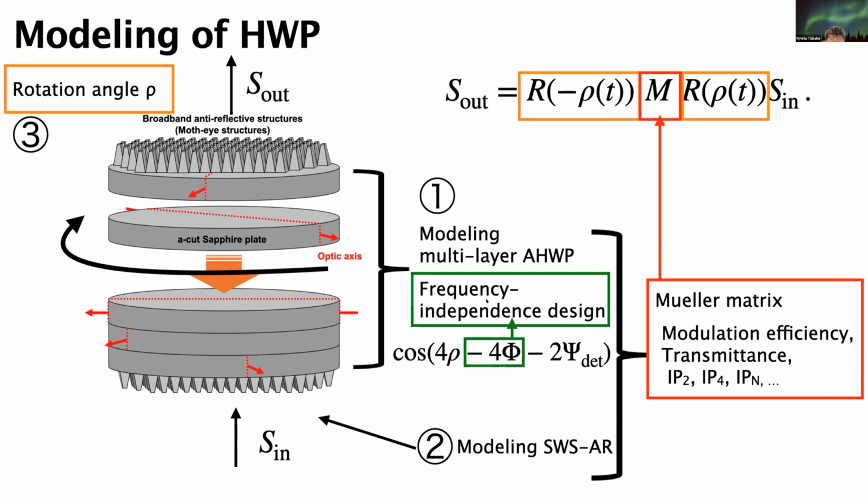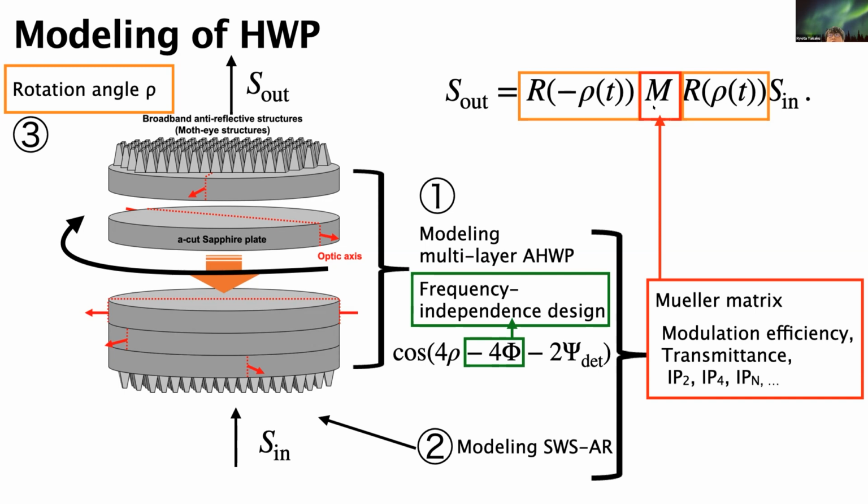And for the modeling of the anti-reflection coating, we also propose subwavelength structures, SWS, equipped on both surfaces of the half-wave plates. Coupling number 1 and 2, we can calculate the Mueller matrix of the achromatic half-wave plate with subwavelength structures, and it includes the modulation efficiency, transmittance, instrumental polarization and other components.